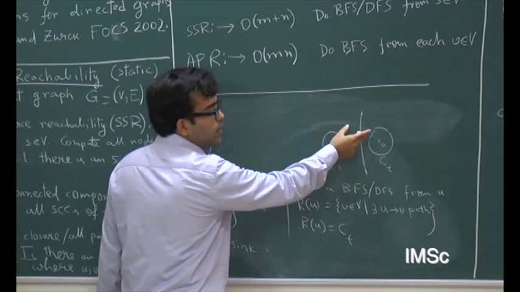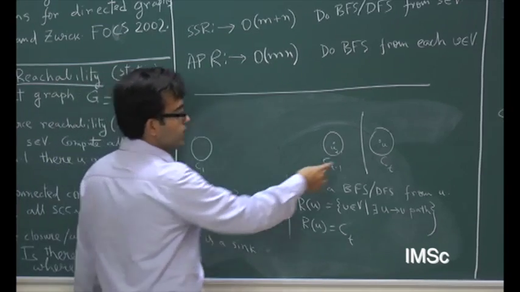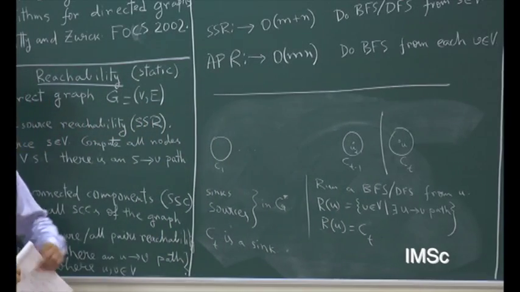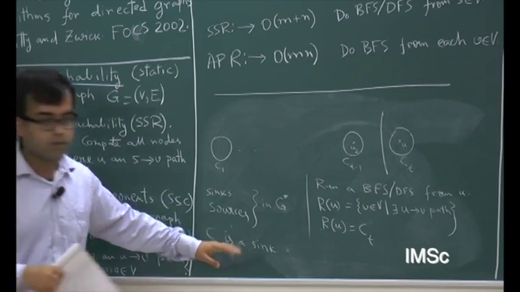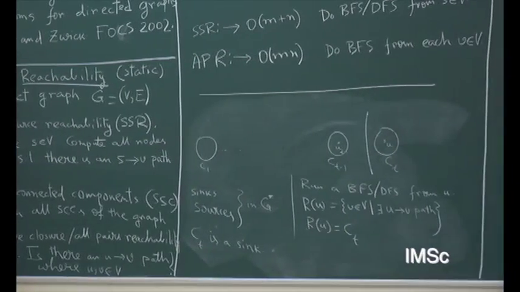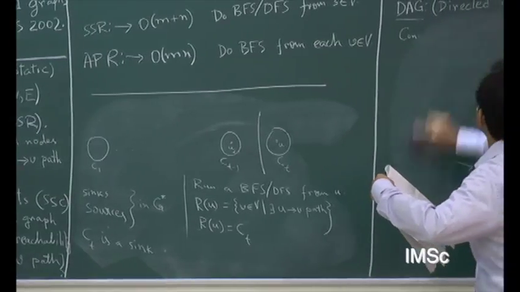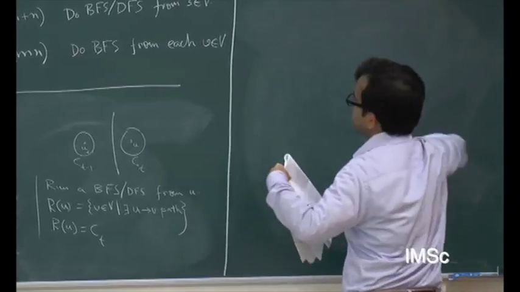Because you are not probing any edge more than once. So now the crucial thing is how to find this node. I mean, just give me an algorithm that will find you some node that belongs to the sink. I'm going to get to that, but first let me just write down the outline of this part.